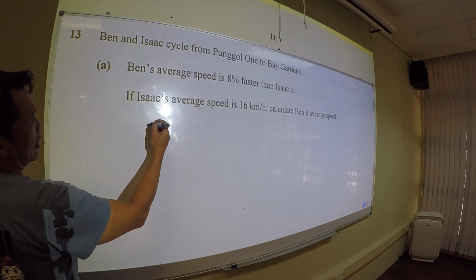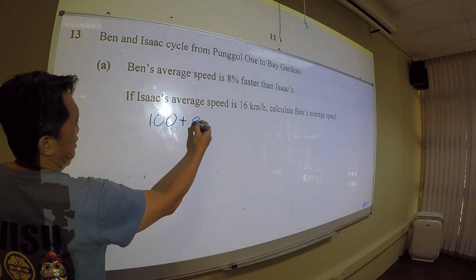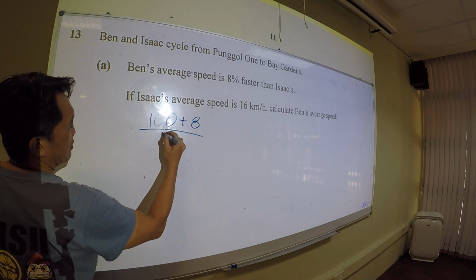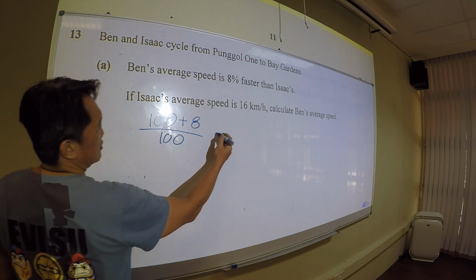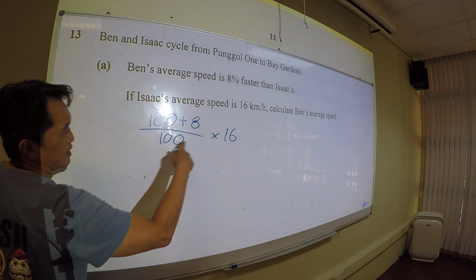So we take 100 plus another 8%, divide by 100, multiply 16, because 16 is 100%.